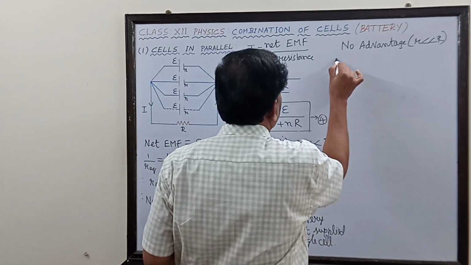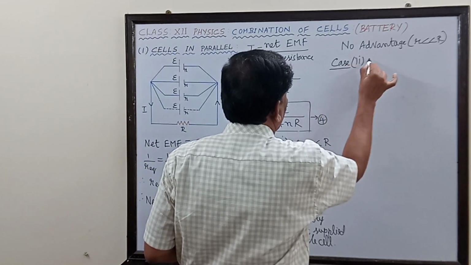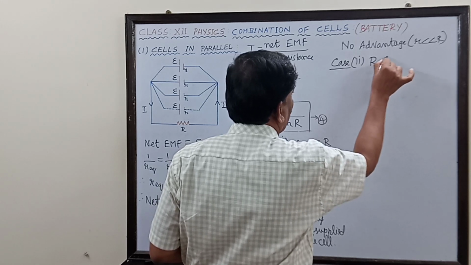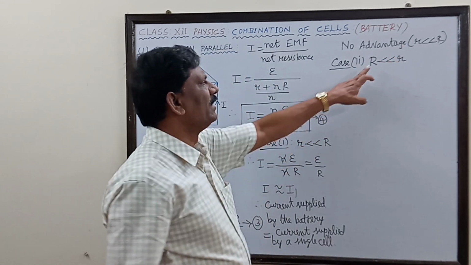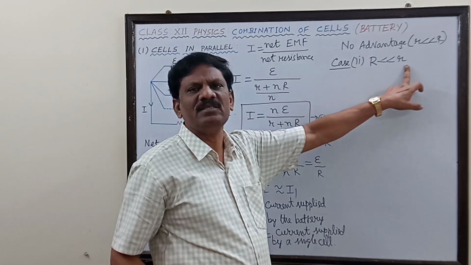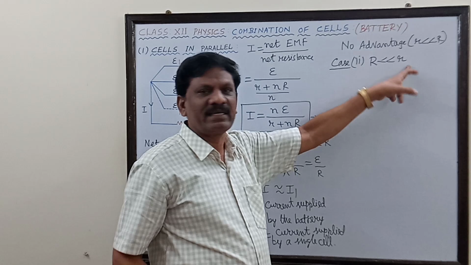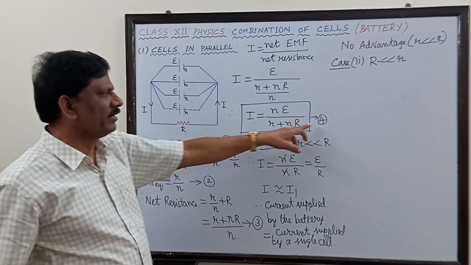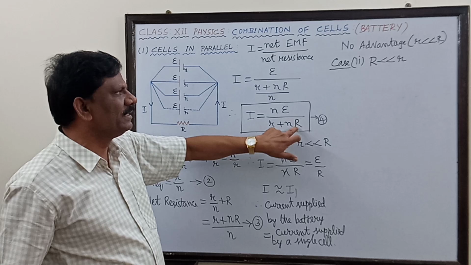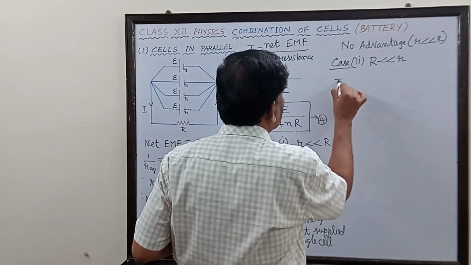Now what is the next case? Case 2. So we will take that external resistance capital R is negligibly smaller than the internal resistance. That is case 2. Okay. So in this case, children, in equation 4, what has to be neglected is capital R. When I neglect capital R, therefore what is current?